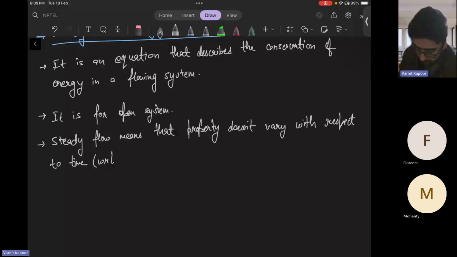So the short form for with respect to, from now onwards, I'll write WRT, with respect to time.